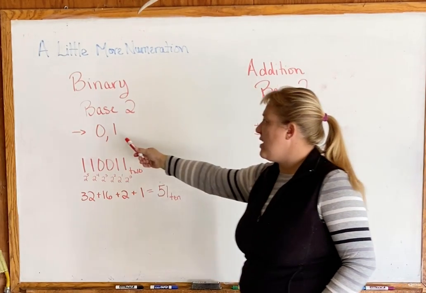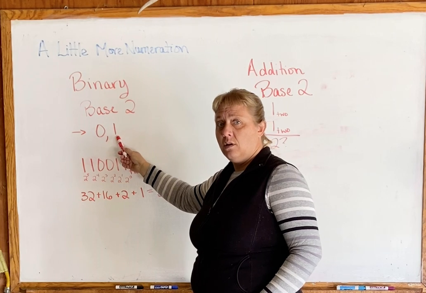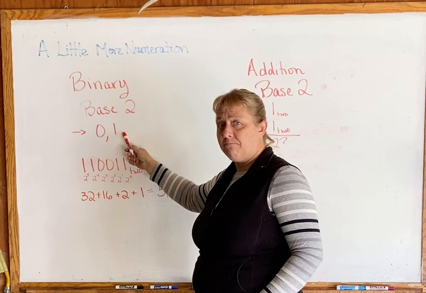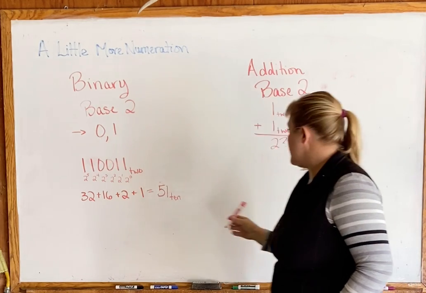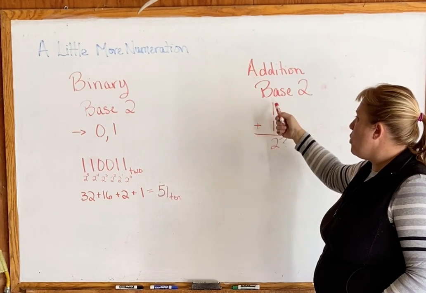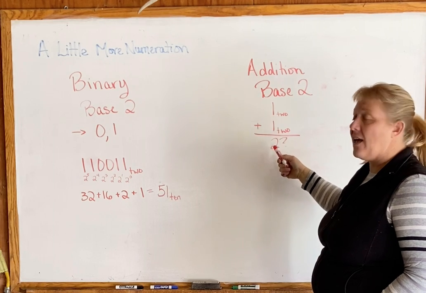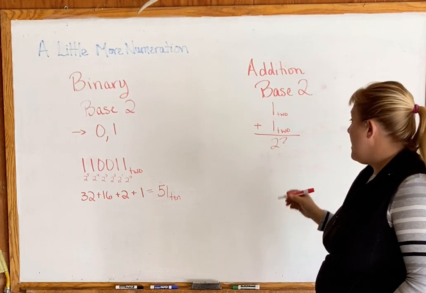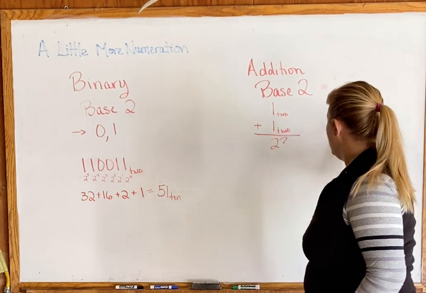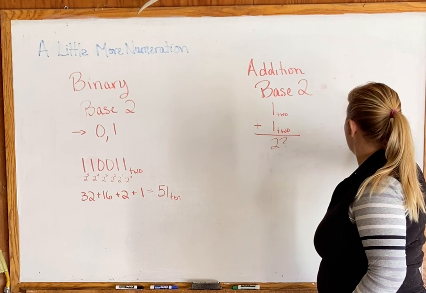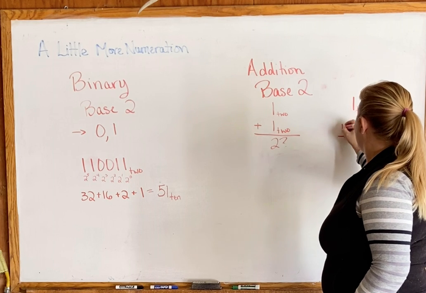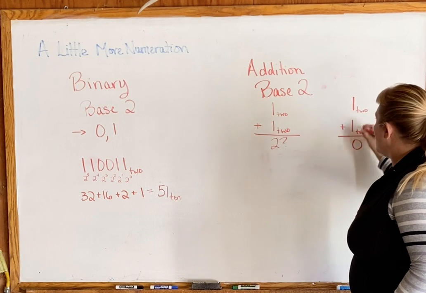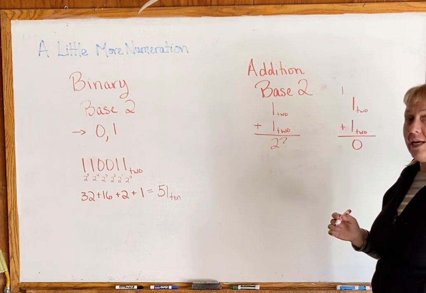But is there a 2 in base 2? There isn't. The answer is either 0 or 1. So when 2 1s get added together, they don't equal 2. They equal a 0. So let me write this again. 1 plus 1. They equal a 0, and you carry a 1.